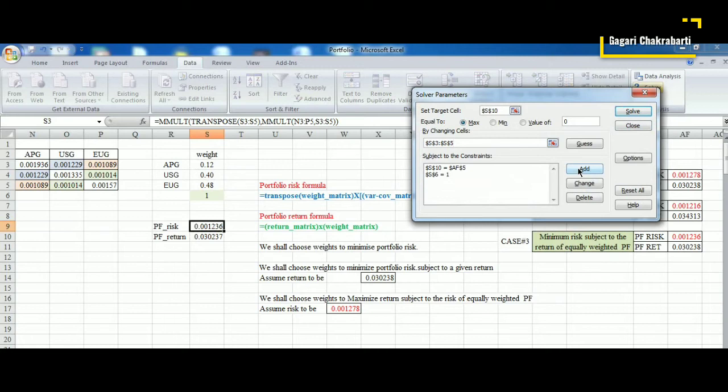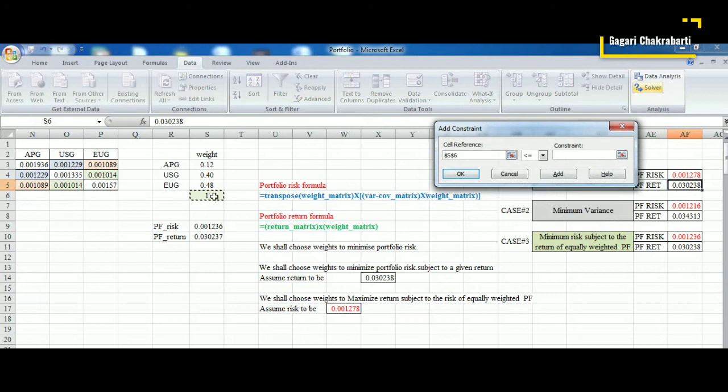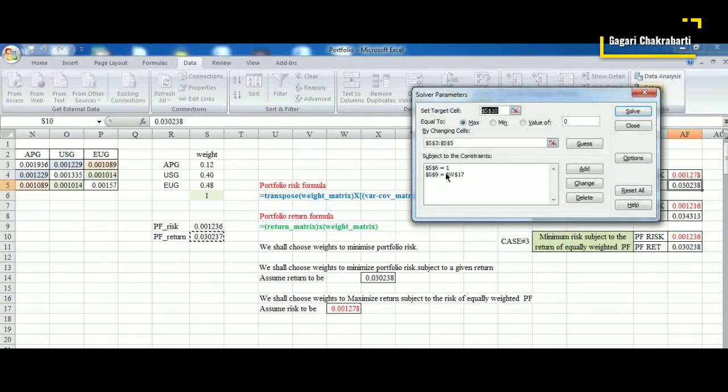Now the constraints will be changing. The first constraint will always be there. It says that sum of all the weights should be equal to 1. And the second constraint says that the risk is equal to the given risk, which is equal to the equally weighted portfolio risk.